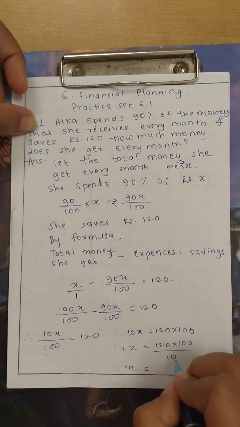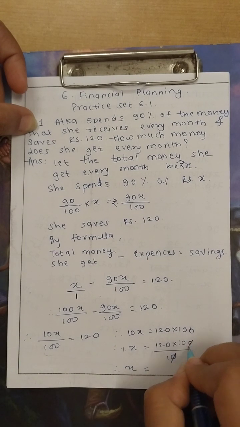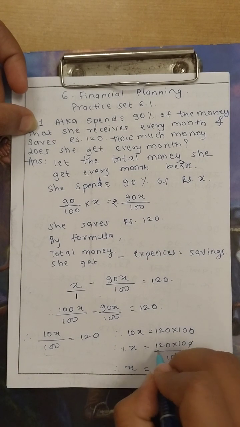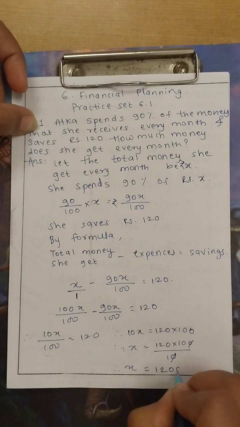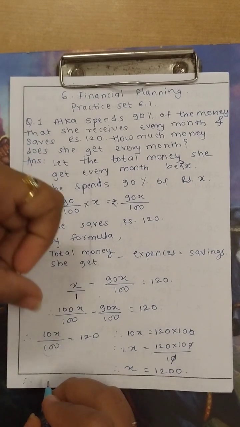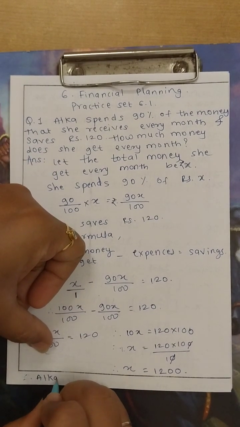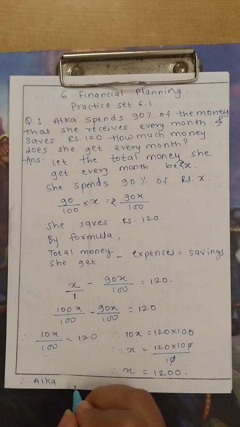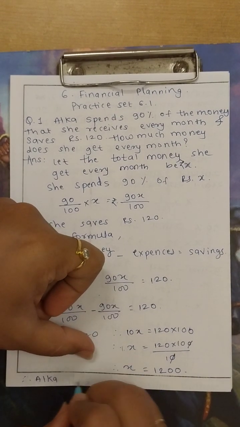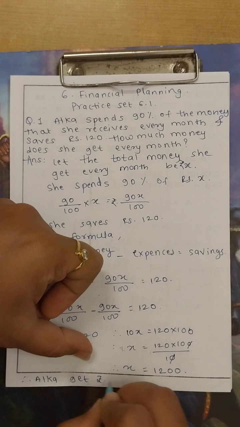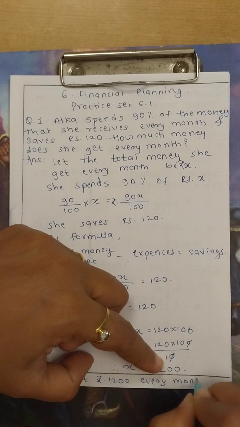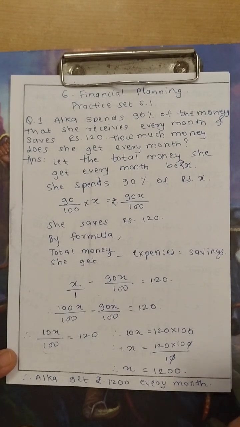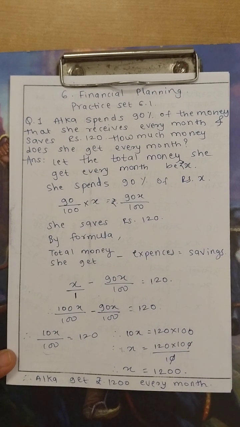Therefore x is equal to this and this. 100 divided by 10 is 10. 120 into 10 is 1200. Therefore Alka gets rupees 1200 every month. Are you getting it? Okay, next move to the second example.